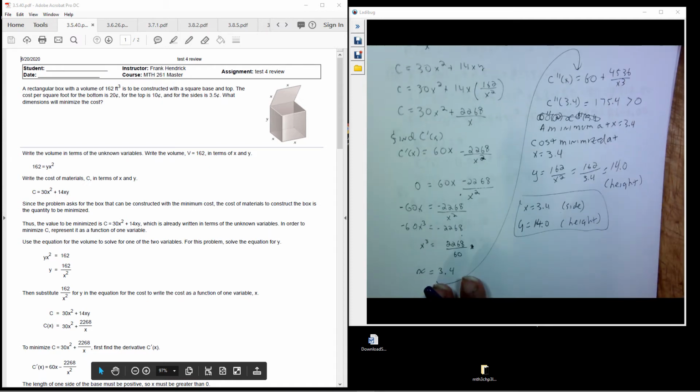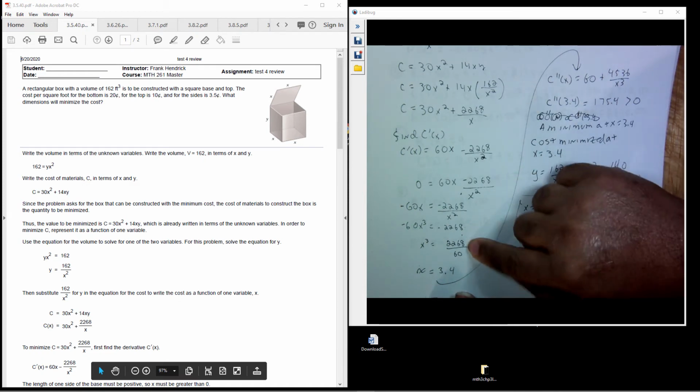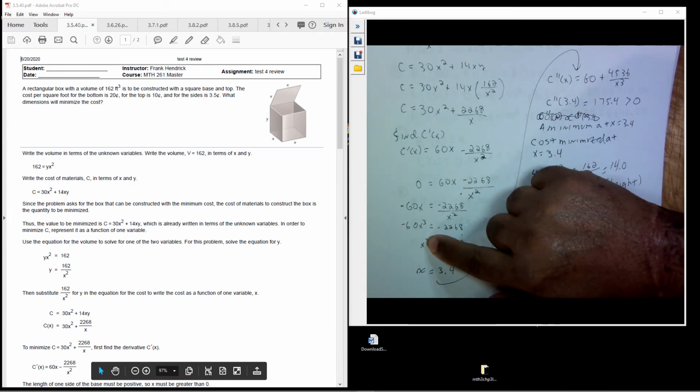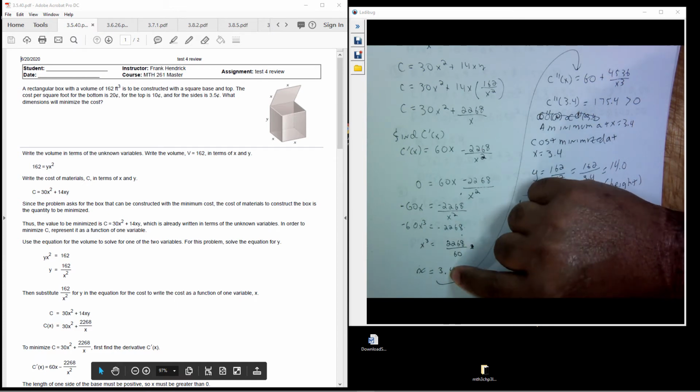And I divide both sides by a negative, makes that a positive there, and that's x. Now I have x cubed here on this side. Divide both sides by 60. X is equal to 3.4. So I know the x coordinate for the critical point is going to be at 3.14.